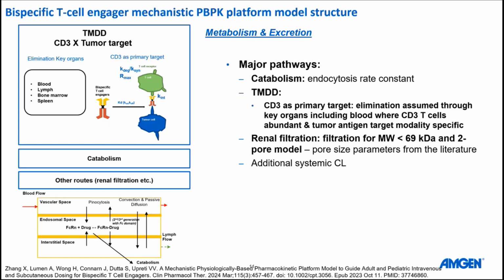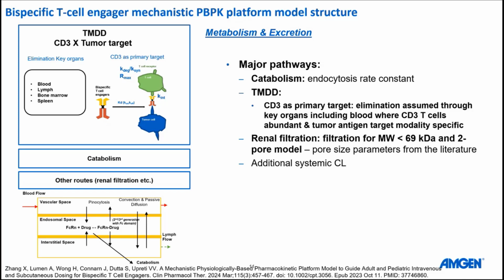Yeah, so for this exercise, the reason we use the full PBPK model structure is, first of all, I have included CD3 as the primary target. So I want to define the primary organs that have the most abundant CD3 T cells, and that can only be done through the full PBPK model structure.